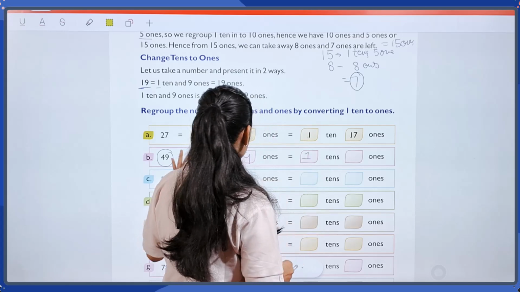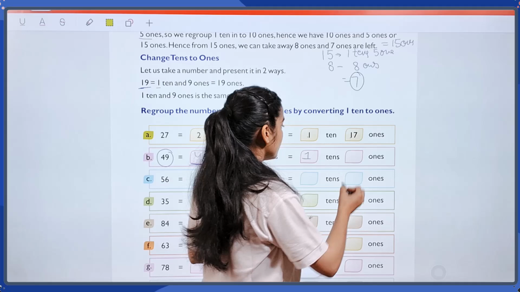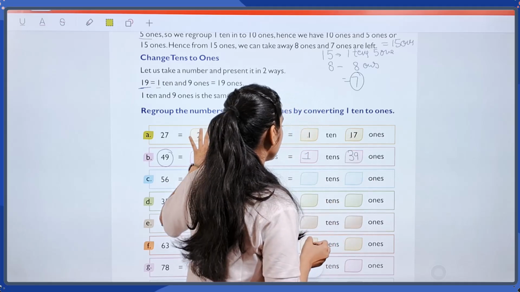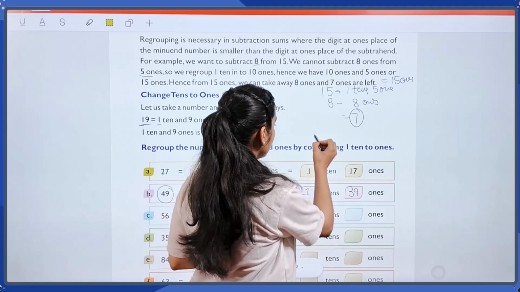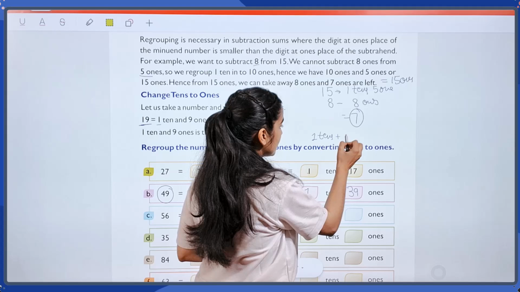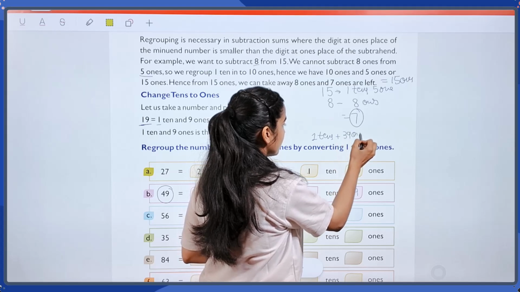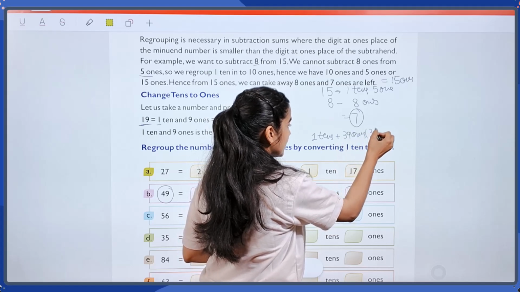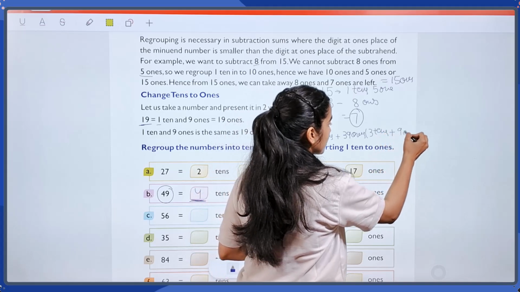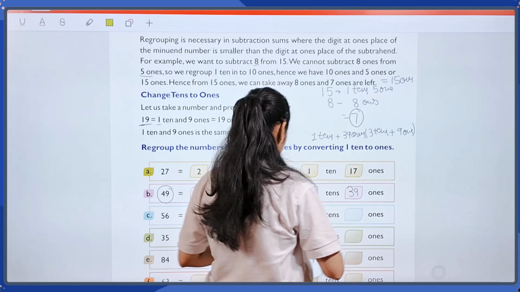Now 4 minus 1 is 3. So how many ones do we have? Now we have 39 ones. So how can you understand this? 1 ten plus 39 ones, which means 3 tens plus 9 ones. So you can further add this.